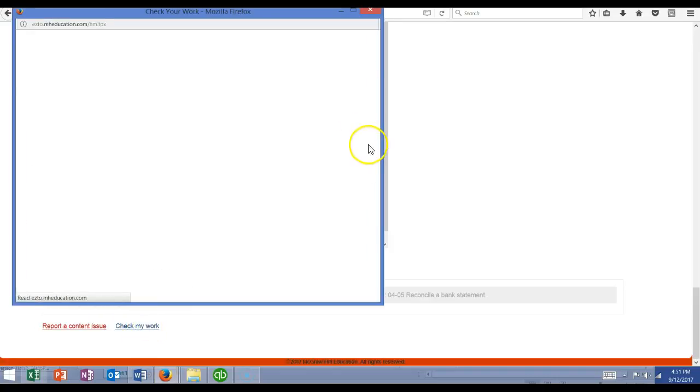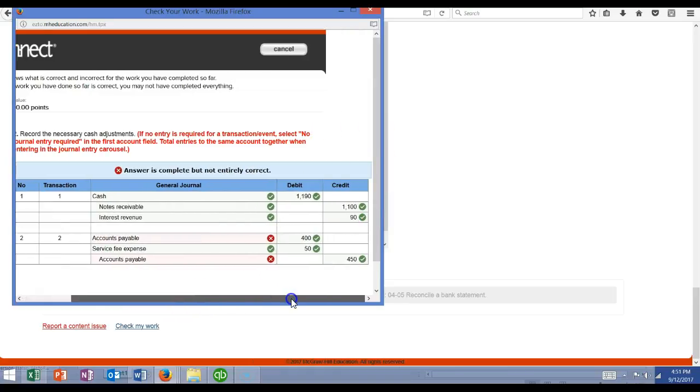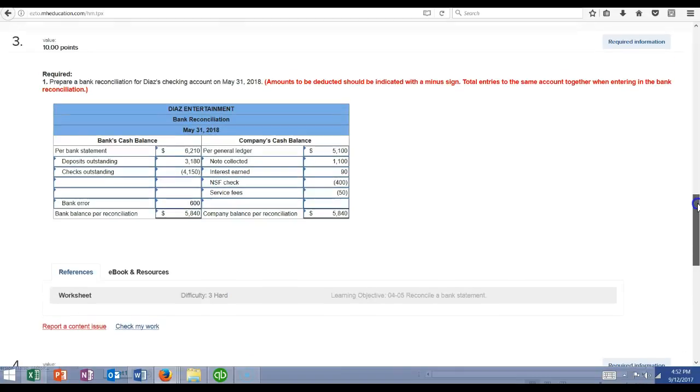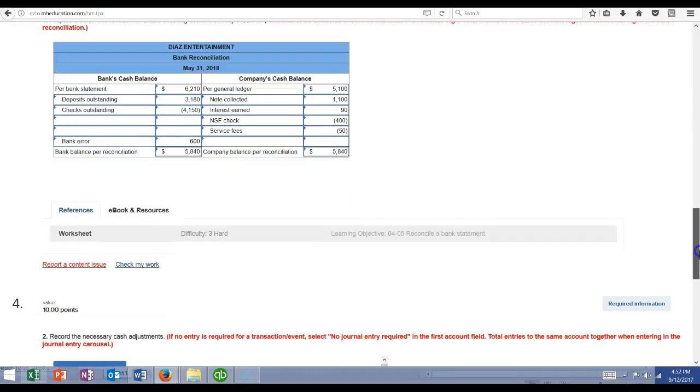Now you can also check your work to make sure we are... whoa, what did I do wrong? Cash, notes receivable, interest revenue, accounts payable, $400. Okay, why is that an accounts payable of $400? What was the NSF? That should be an accounts receivable of $400.